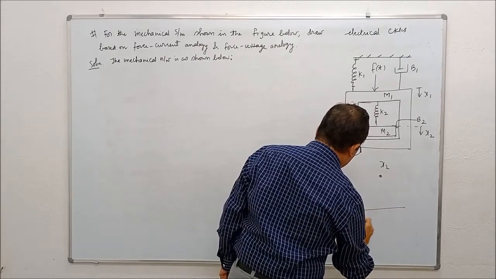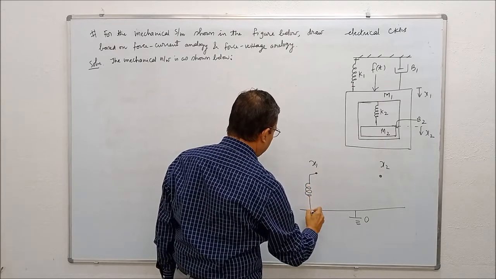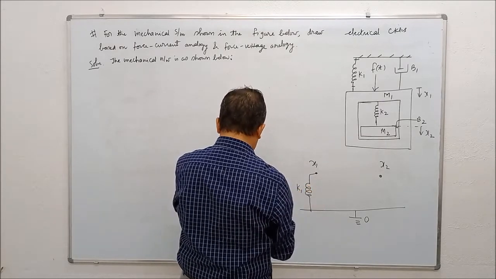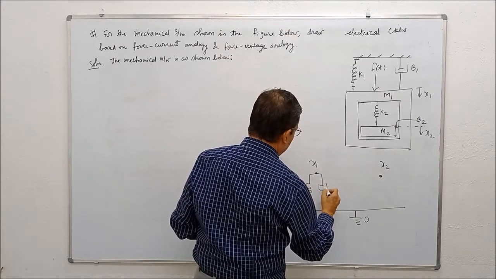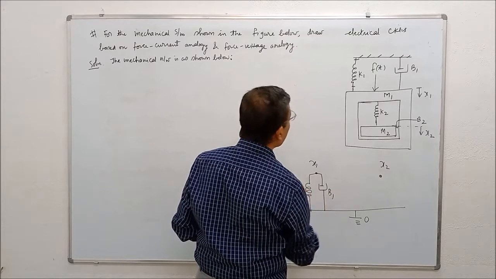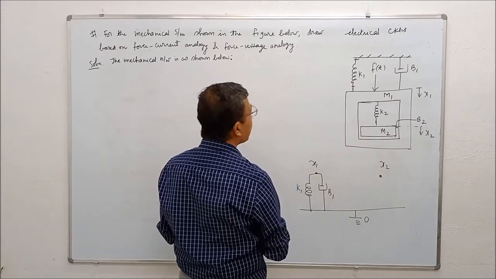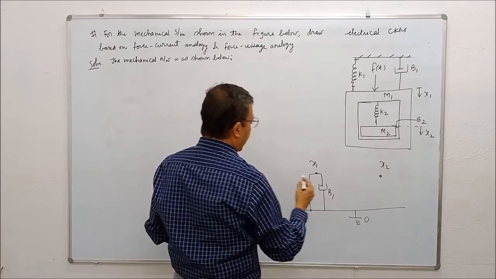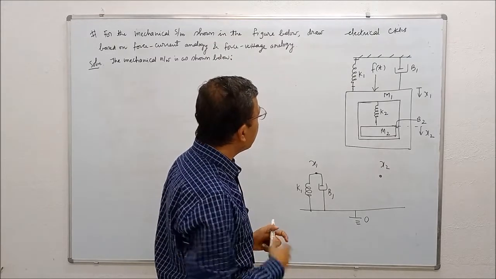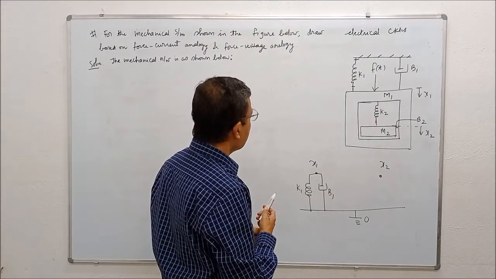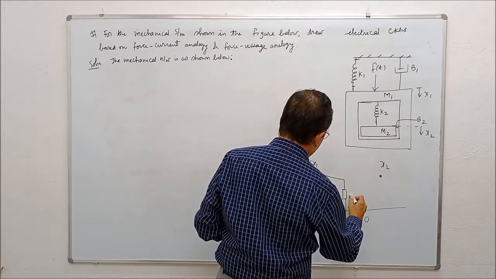Take the reference node. K1 is clamped between x1 and ground. B1 is clamped between x1 and ground. Then M1 is clamped between x1 and ground.